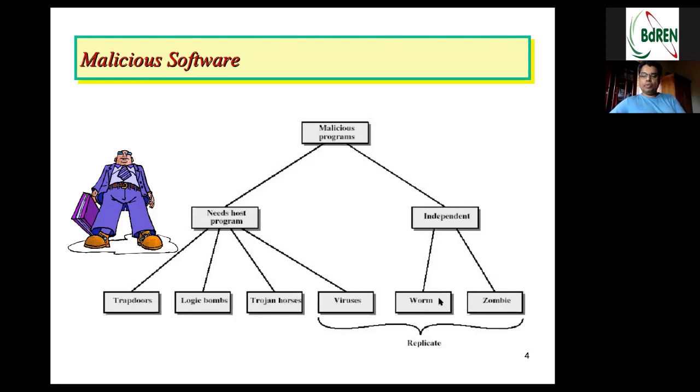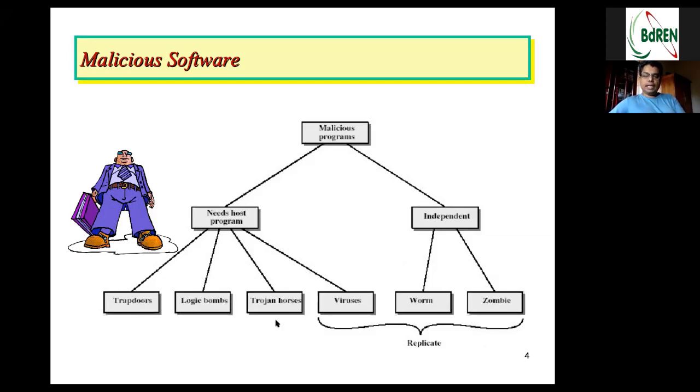Worms and zombies are the most dangerous, most popular malicious softwares nowadays. I'll discuss them later in detail. Viruses, worms, and zombies can all auto-replicate from one to another. Trapdoors, logic bombs, and Trojan horses may not replicate. They stay with the code.